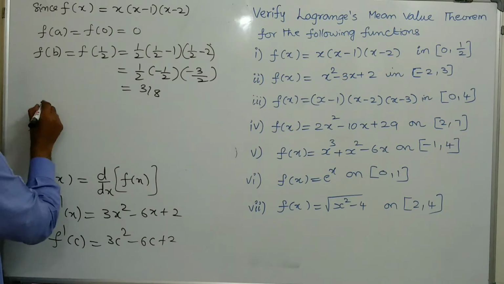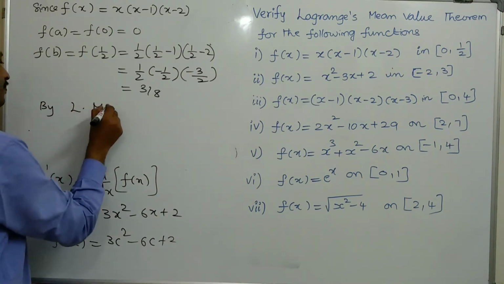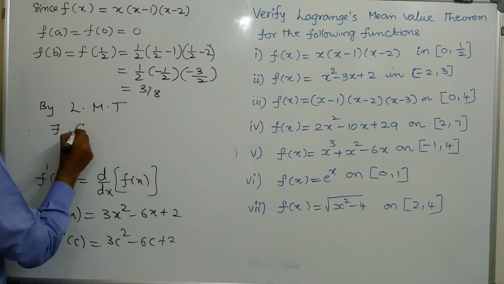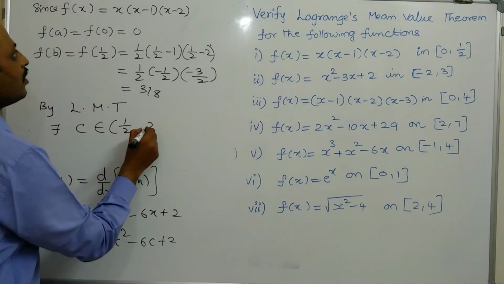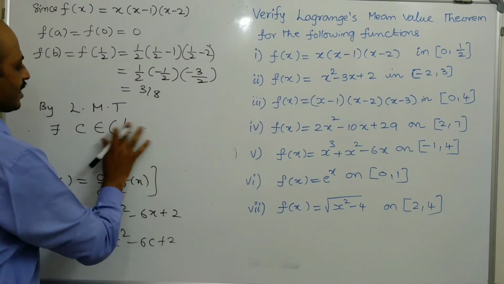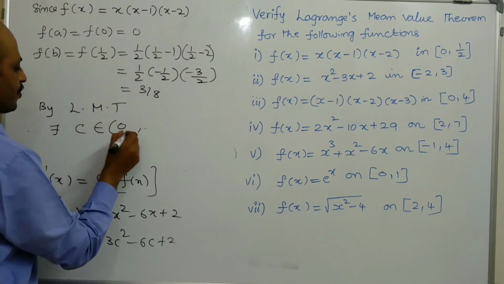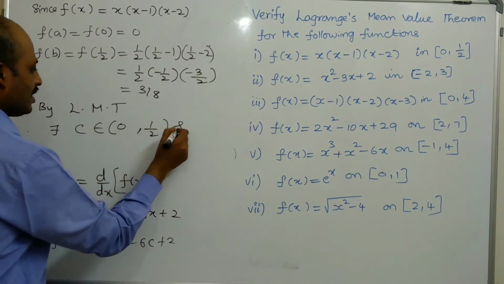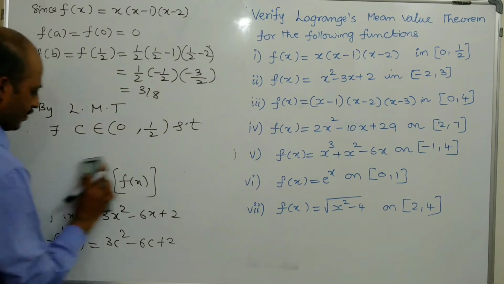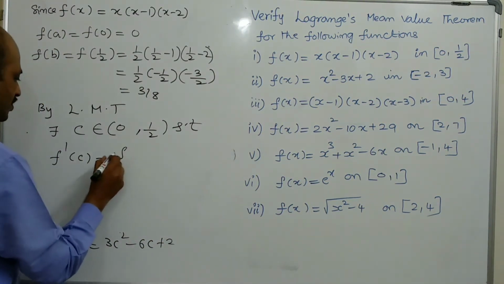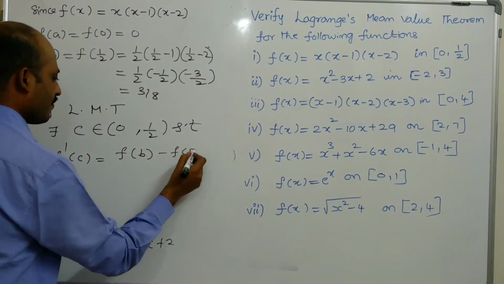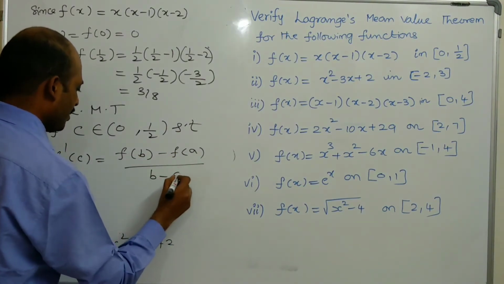Yes. By Lagrange's mean value theorem, there exists a constant c belongs to open interval 0, 1 by 2 such that f dash of c is equals to f of b minus f of a divided by b minus a.